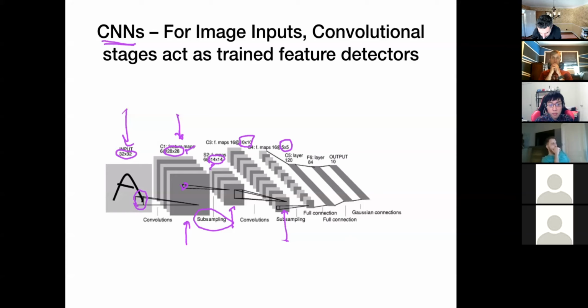And once you have this final layer, we discussed that the last thing you want to do is the classification, the fully connected part, right? The FC part.